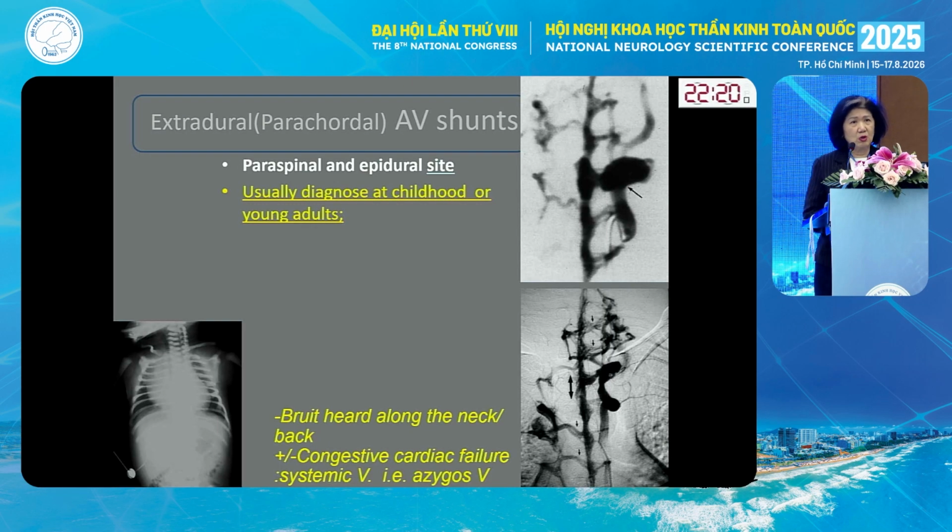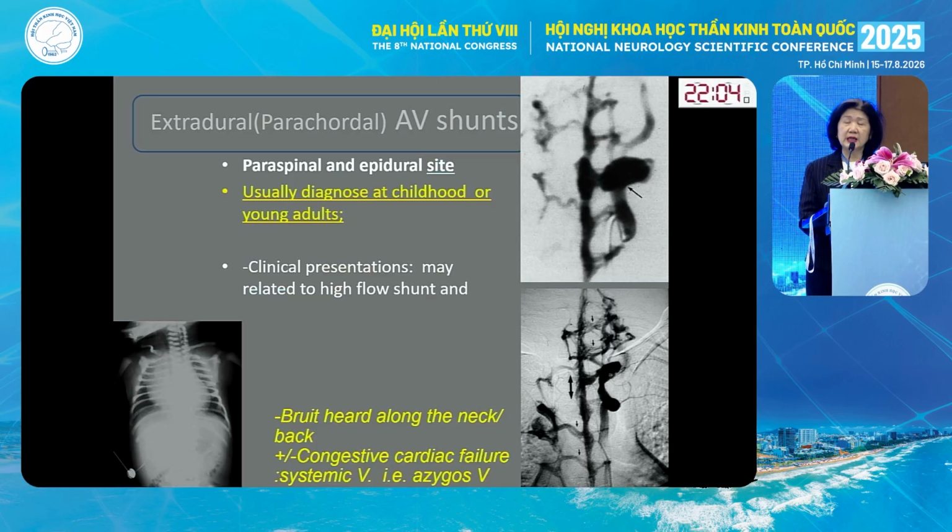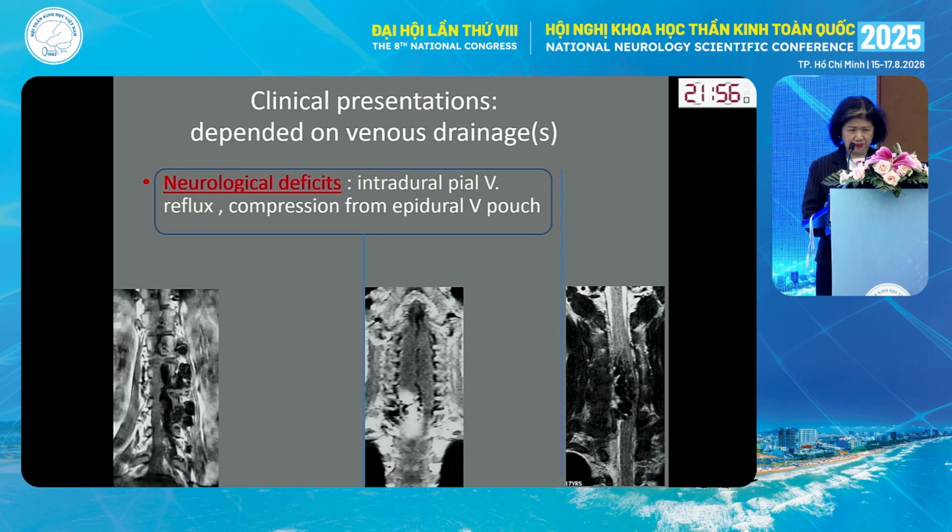The symptoms are usually just bruit, or pain along the cervical spine or the back of the patient. Some may have congestive cardiac failure at a young age because of the high flow shunt. But mostly the clinical presentation is related to the venous drainage, for example, steal, compression, or systemic effects.